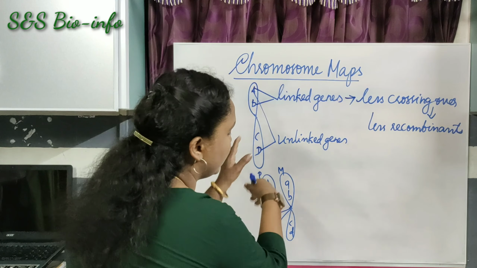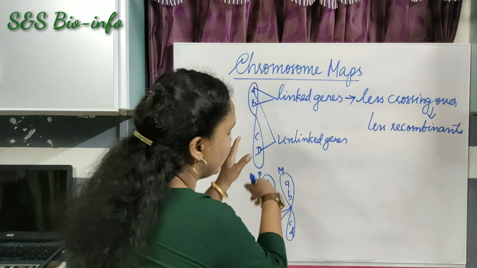What did you observe here? The more distance, the more chances of crossing over, and it would produce more number of recombinants. So, chromosome maps is the graphical representation of the sequences of genes over the chromosome and the relative distances between them.